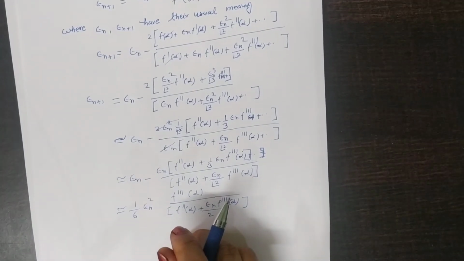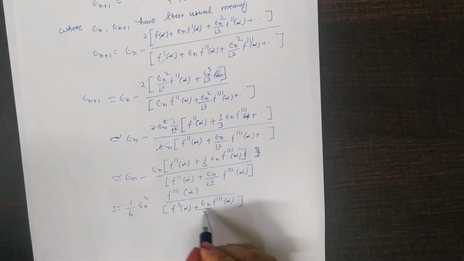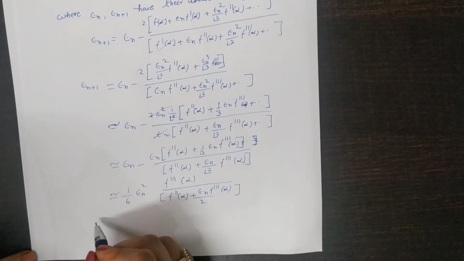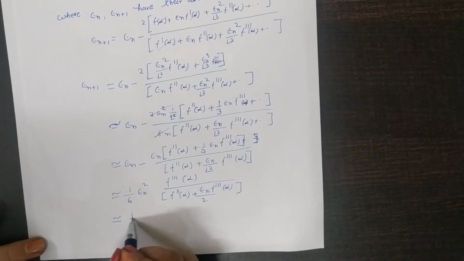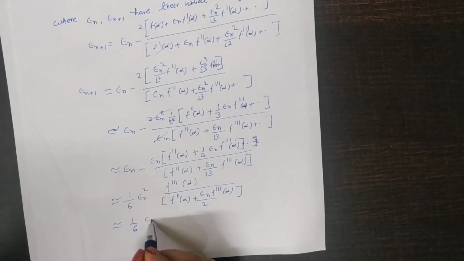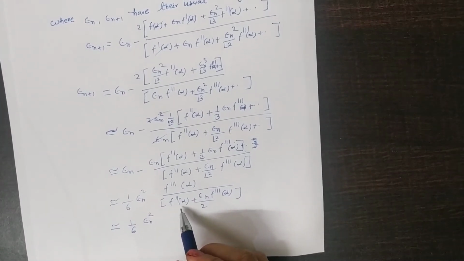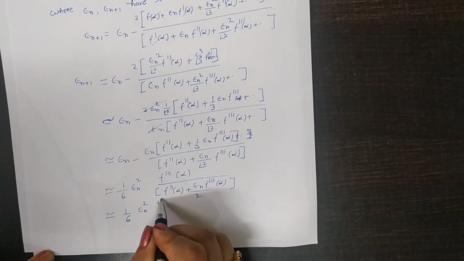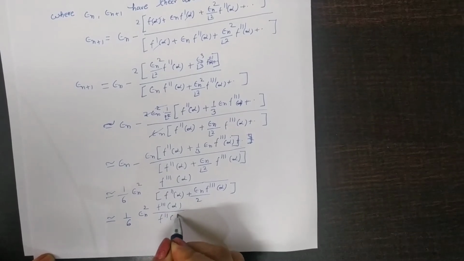Here you see that this is in the power of epsilon, so this can also be approximately 1 by 6 epsilon n square, because you divide numerator and denominator by f double dash alpha, then this is approximately f triple dash alpha divided by f double dash alpha.